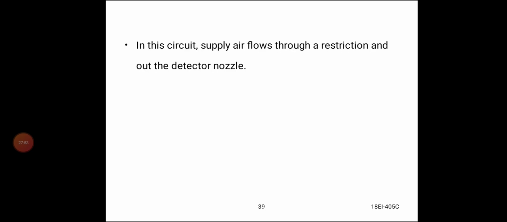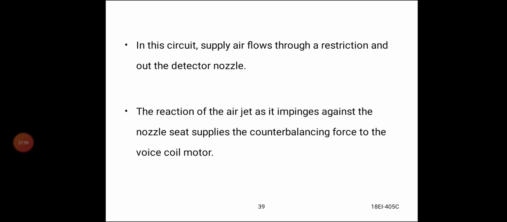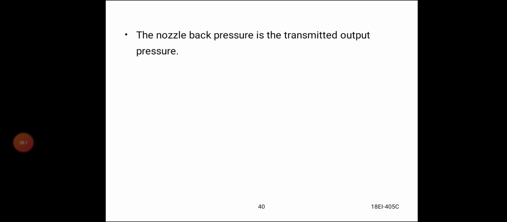In this circuit, the supply air flows through the restriction and out the detector nozzle. The reaction of the air jet as it impinges against the nozzle seat supplies the counterbalancing force to the voice coil motor. The nozzle back pressure is transmitted out as the output pressure.